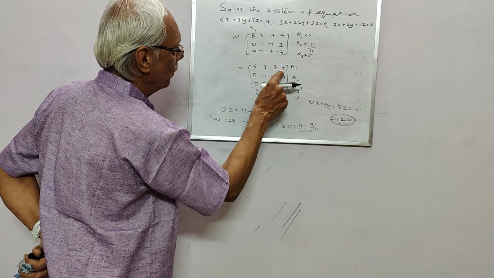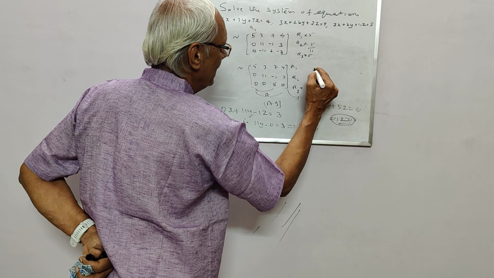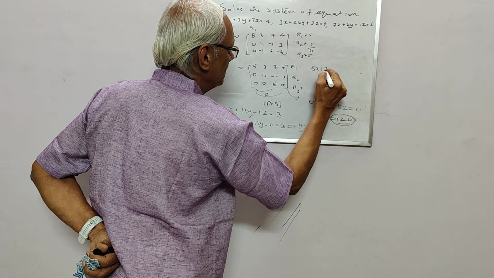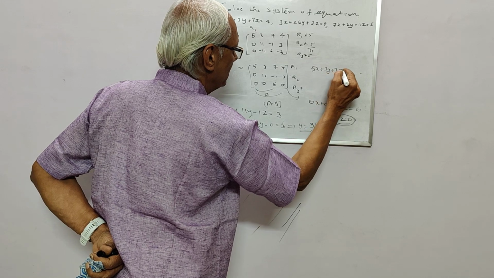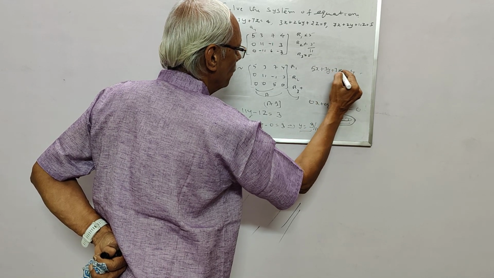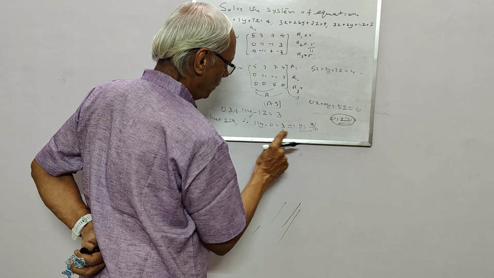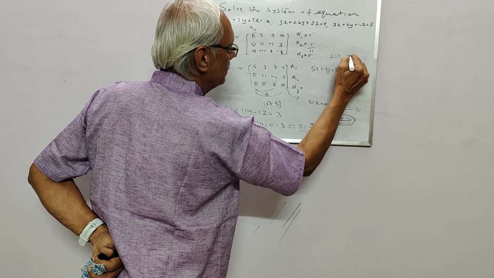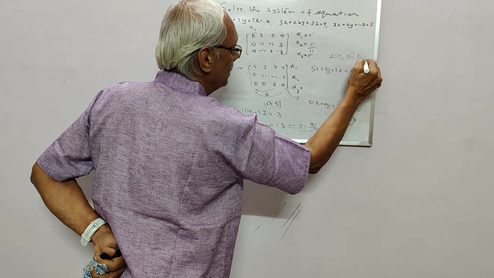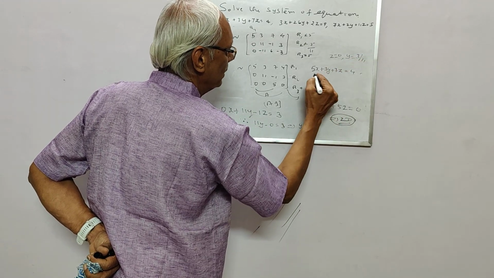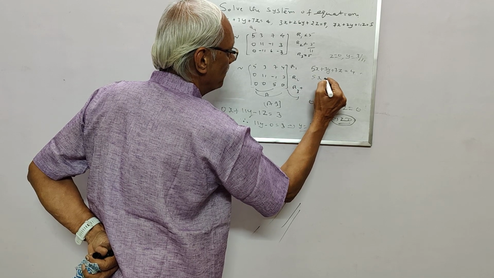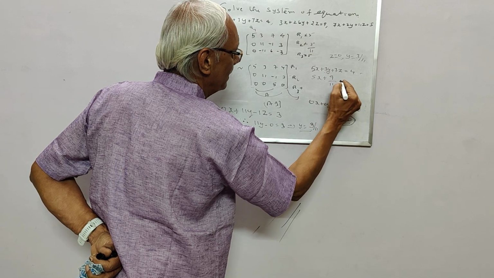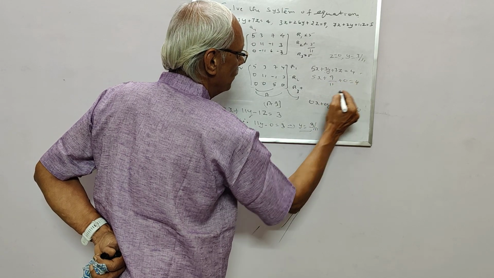And come to the first row. What is the first row you have got here? It is 5x plus 3y plus 7z is equal to 4. But z is equal to 0, and y is equal to 3 by 11. Substitute the values here: 5x plus 3 into 3 is 9 by 11 plus 0 is equal to 4.